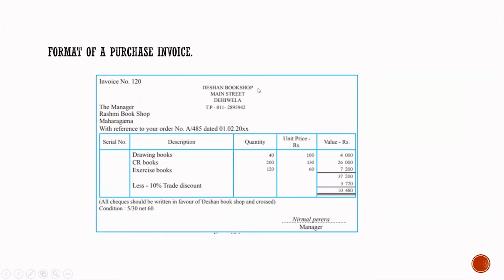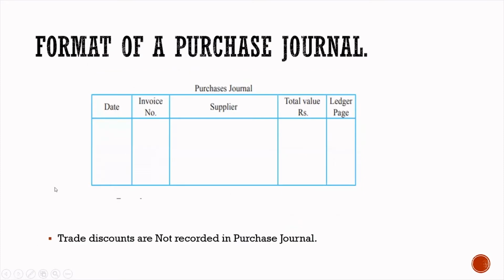So the particular creditor's details are given and then what we bought and the total as well as a trade discount will be written here. You have to remember that trade discounts will not be taken into account and only the amount after the trade discount is deducted will be going to our final entries, right?